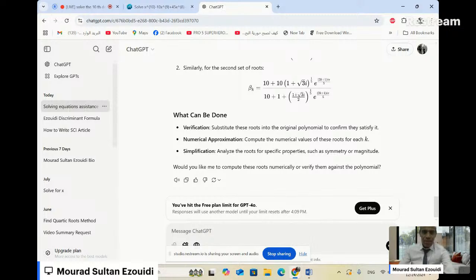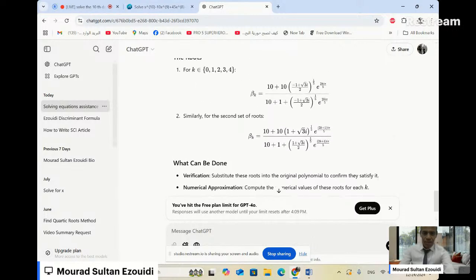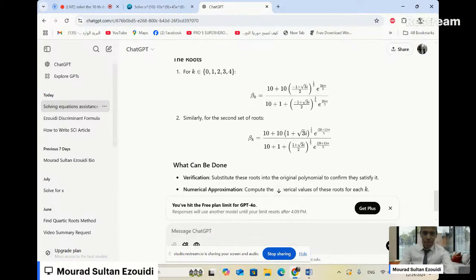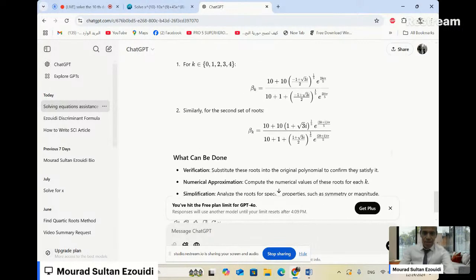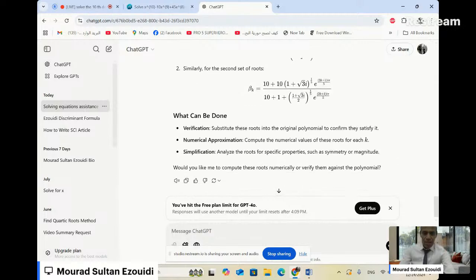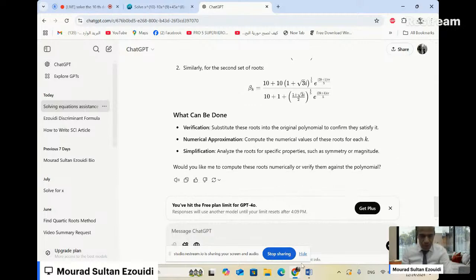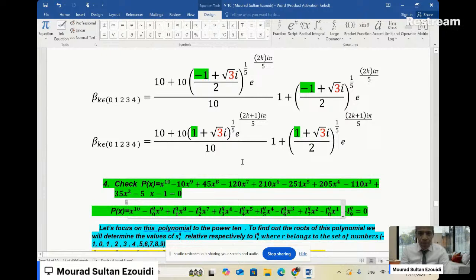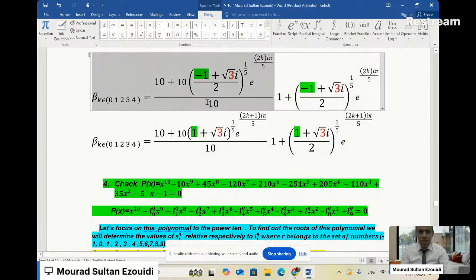Verification, memory code. You have hit the limit. So the roots are that. You can guess it. I'll take this first. These are the roots.